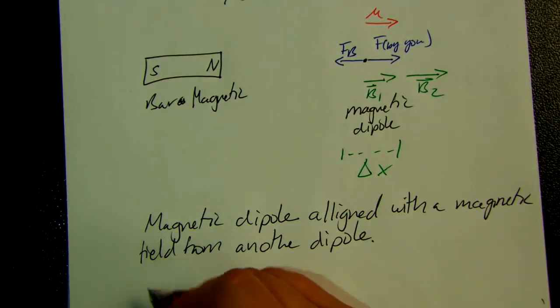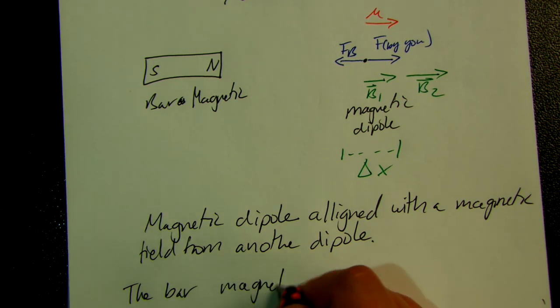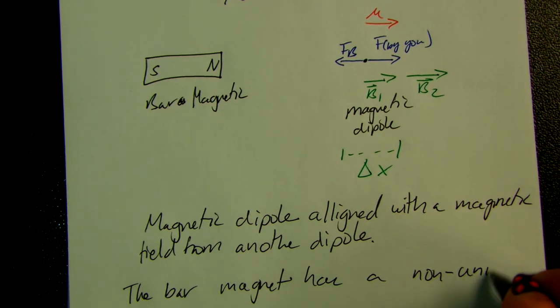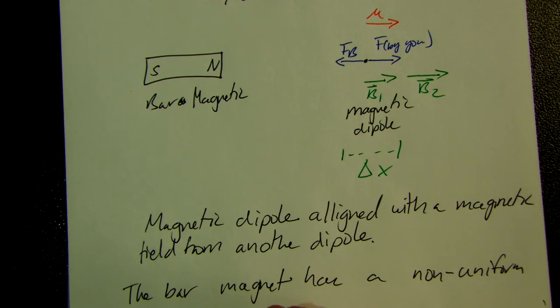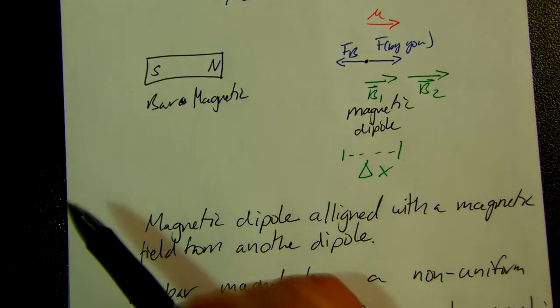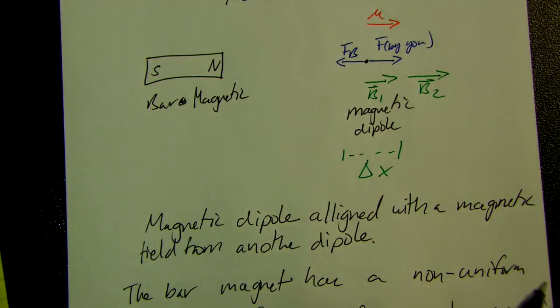So the bar magnet has a non-uniform field that is proportional to 1 over x cubed. So assuming far enough away. And that's a pretty safe assumption. This little dipole is far enough away from this non-uniform magnetic field from this bar magnet.